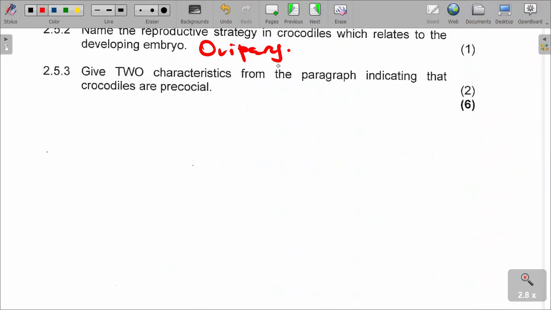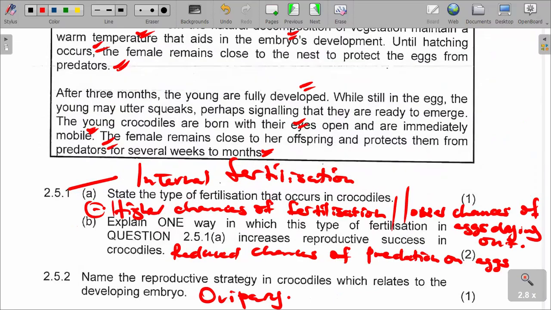And then the next question says, give two characteristics from the paragraph indicating that crocodiles are precocial. Precocial means they are able to move after birth.